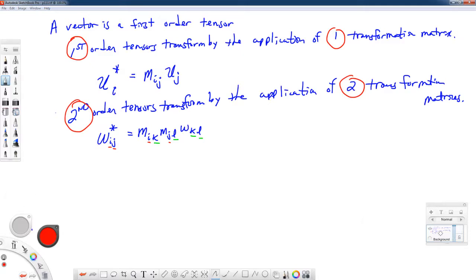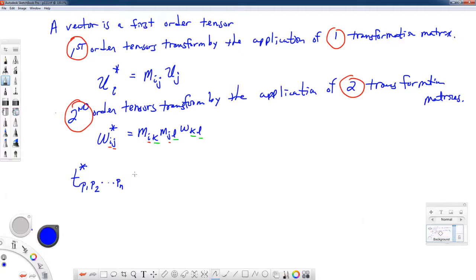We can get up to an nth order tensor. I'll use a similar type of notation. An nth order tensor can be represented by components that have n subscripts. So P1, P2, whatever, all the way out to Pn. Like if it was a fifth order tensor, that would be T, i, j, k, l, m. Right.